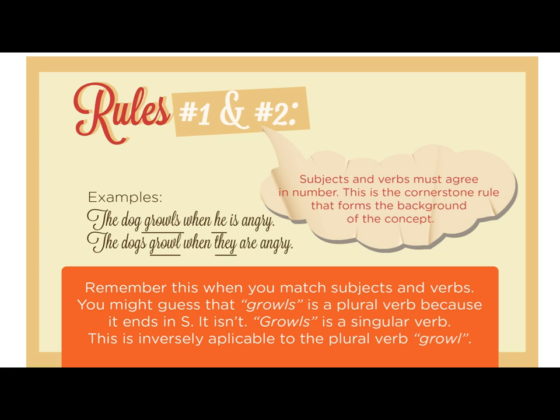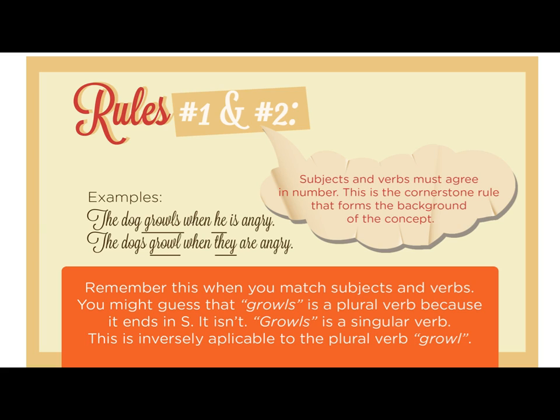Example, the dog growls when he is angry. The dogs growl when they are angry. You just see here, in the first sentence, the subject is singular. That's why we are using a singular verb there. In the second sentence, the subject is plural.